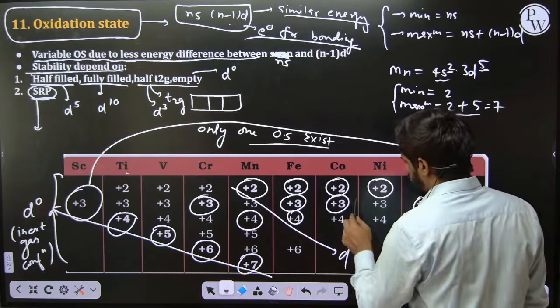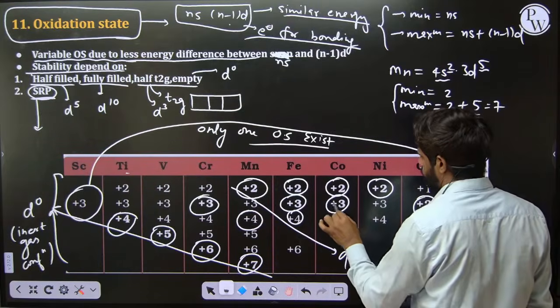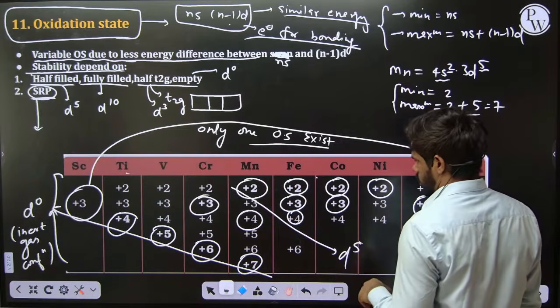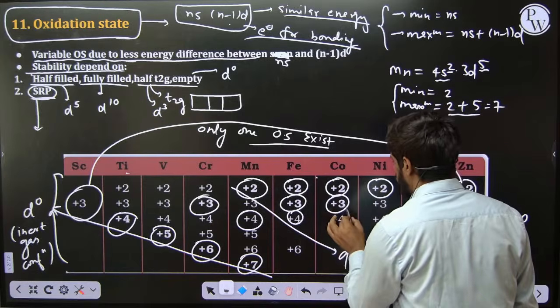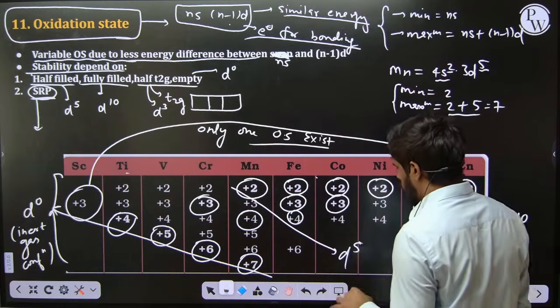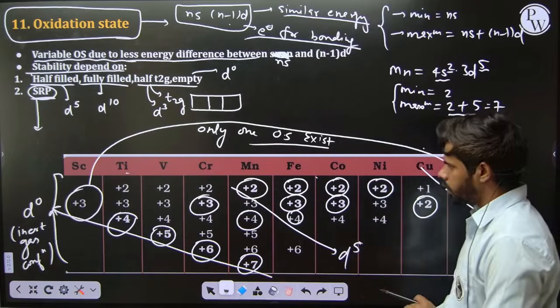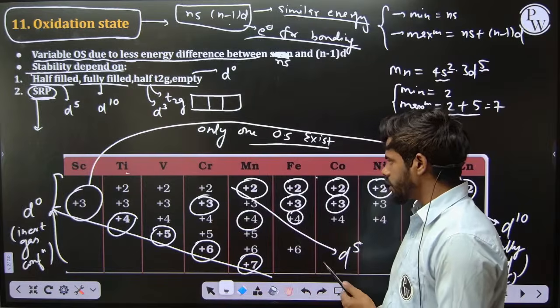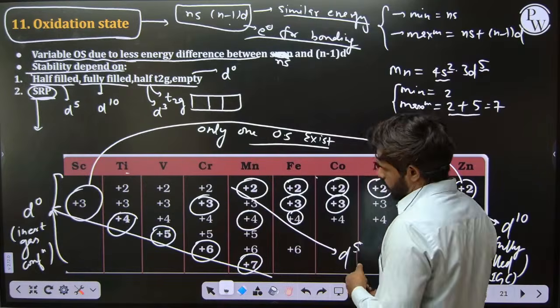Otherwise, in the case of cobalt 2+, it is 3d8. The other oxidation states are stable.